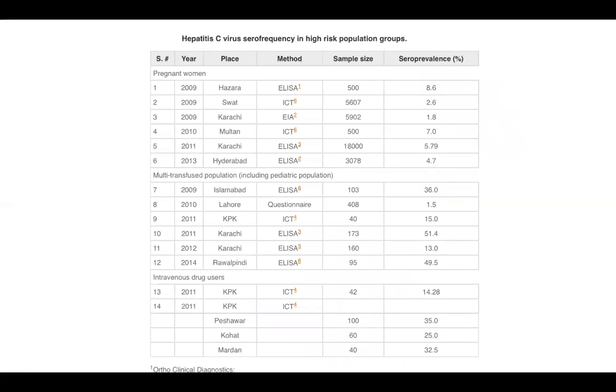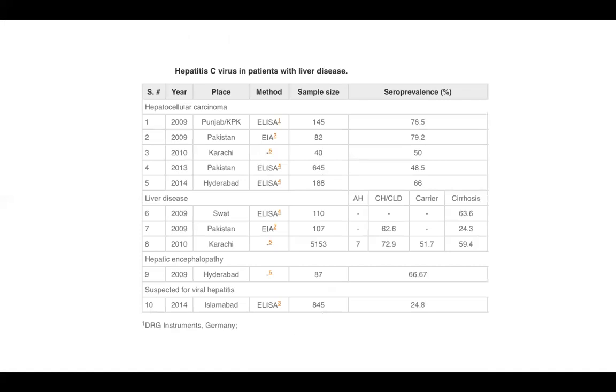In high-risk patient populations, seroconversion prevalence of hepatitis C can be seen in up to 50% of patients in certain districts. In patients with liver disease, it is the commonest virus, and in some areas it is up to 80% in patients with chronic liver disease.